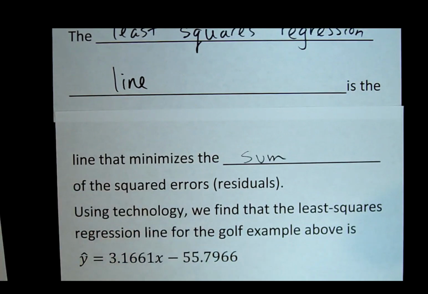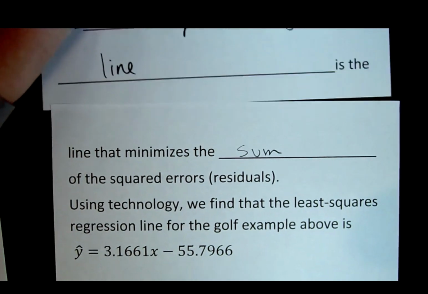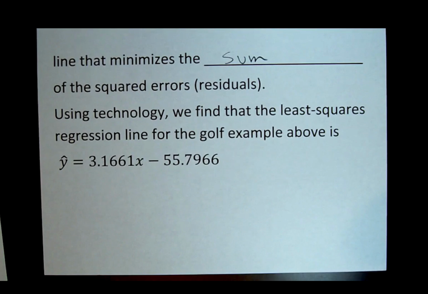So we're squaring them basically to make everything positive. So square them to make them positive, add them up. You want the smallest total there. We will use technology to do that. It's extremely tedious to do by hand.